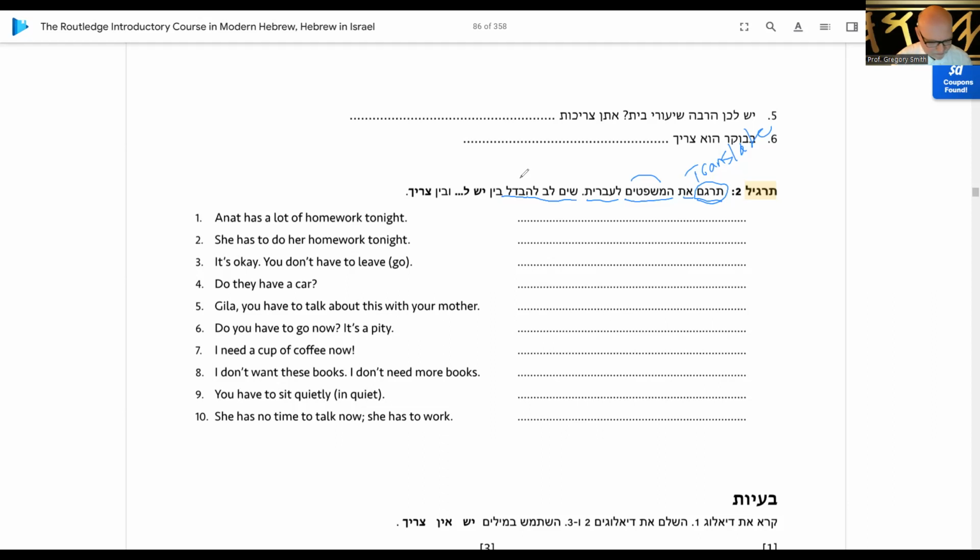It sounds like להבדל, doesn't it? Lahevdel Bain. Okay, so basically this is seam, so it's using a seam, so it's probably like this if you had the vowel pointing in there. Note the difference. Lahevdel Bain. Between. I know Bain is between.